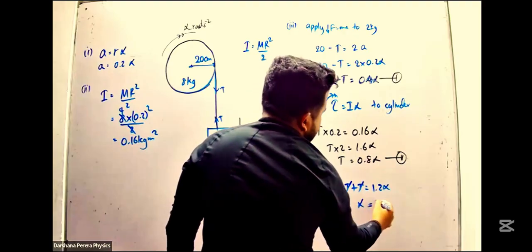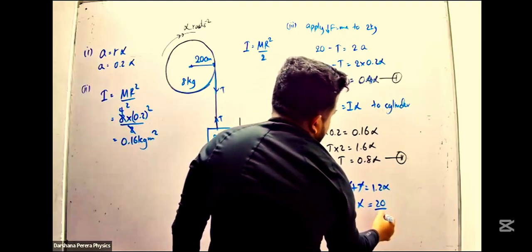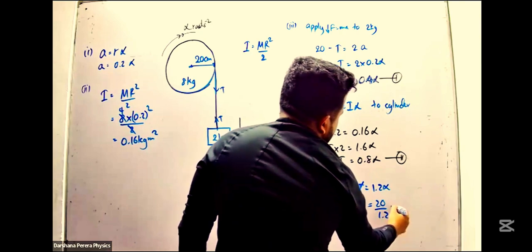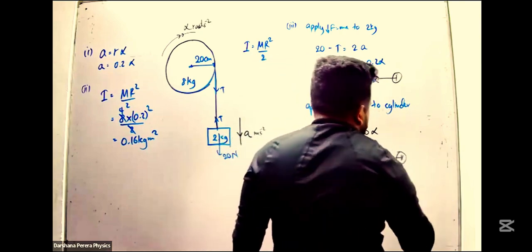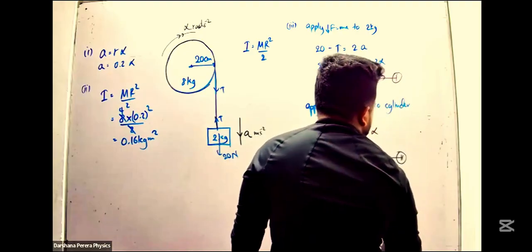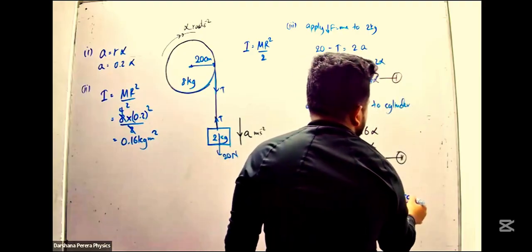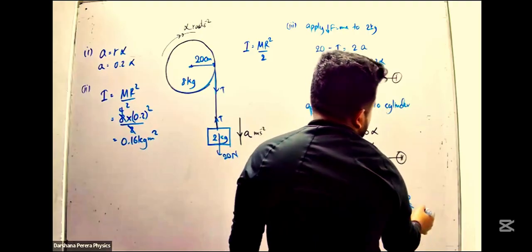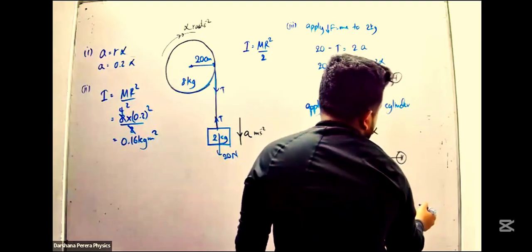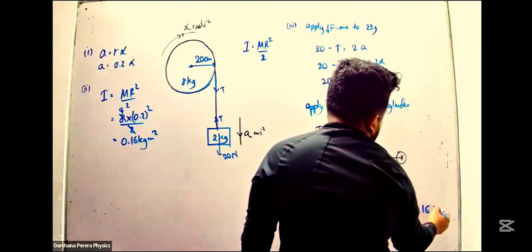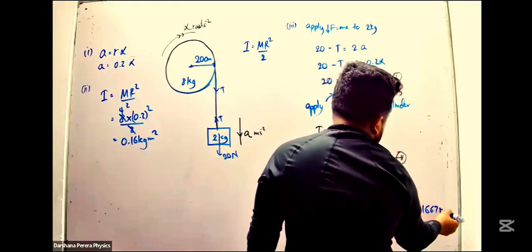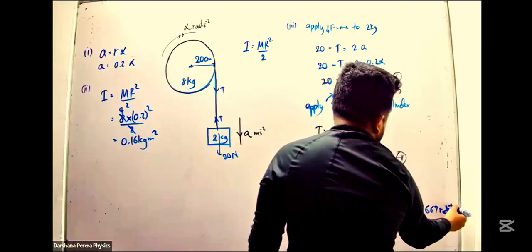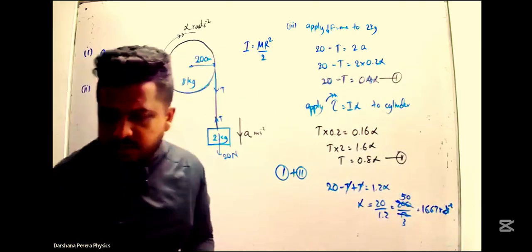Therefore, alpha equals 20 over 1.2. That means 200 over 12. We can divide by 4, 50 over 3. Therefore, alpha is 16.67 rad per second squared. Yes, your answer is correct.